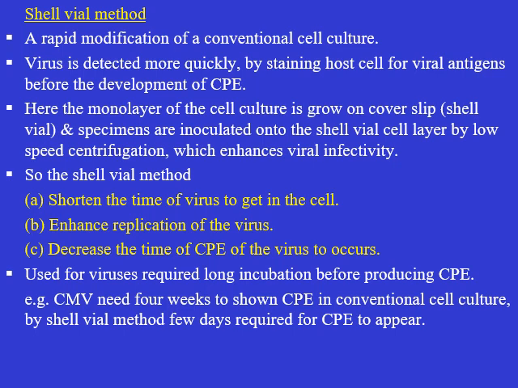The shell vial method is used for viruses requiring a long incubation period before producing cytopathic effect. Example, CMV needs 4 weeks to show cytopathic effect in conventional cell culture, while by using the shell vial method, a few days are required for the cytopathic effect to appear.